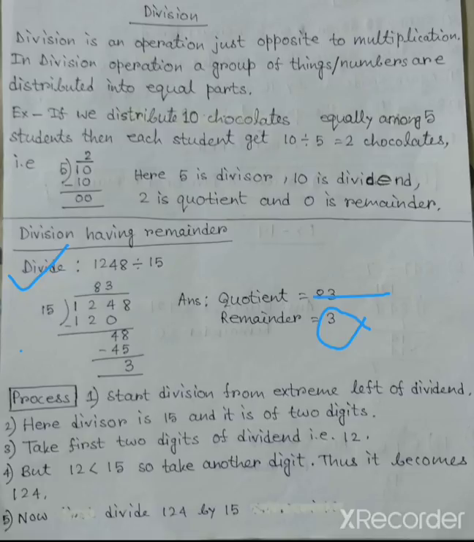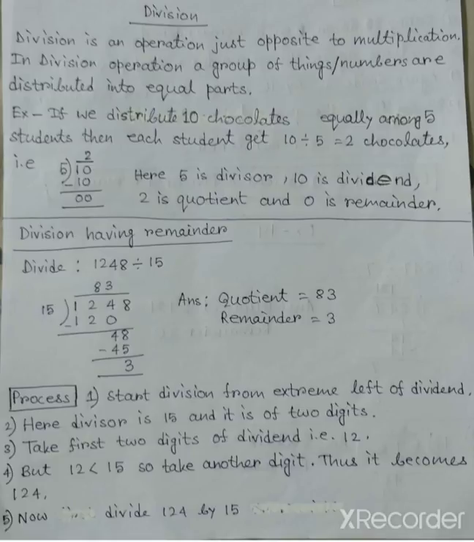That's why the division starts from this side. Step 2. Here the divisor is 15 and it is of 2 digits. Step 3. At first you have to take the first 2 digits of the dividend, that is 12.